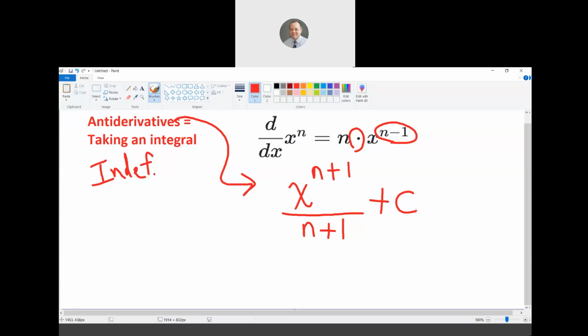And let me explain why we use plus c instead of just an exact number. For example, if you had these series of functions, x squared minus 11, x squared plus 9, x squared minus 3, and x squared plus 17.